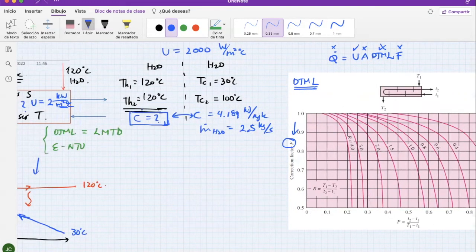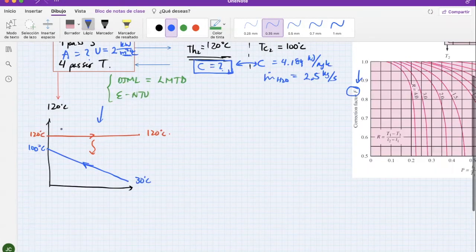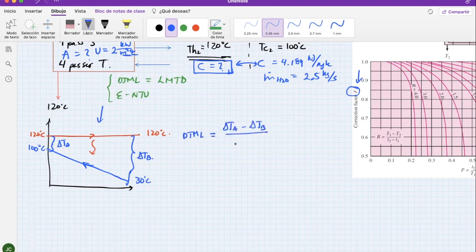For DTML, we're going to think that it's counterflow. This thing over here is delta TA, this thing over here is delta TB. Therefore the DTML, or for you English speakers, LMTD, is going to be delta TA minus delta TB, all divided by the logarithm of delta TA divided by delta TB. Let's put in some numbers.